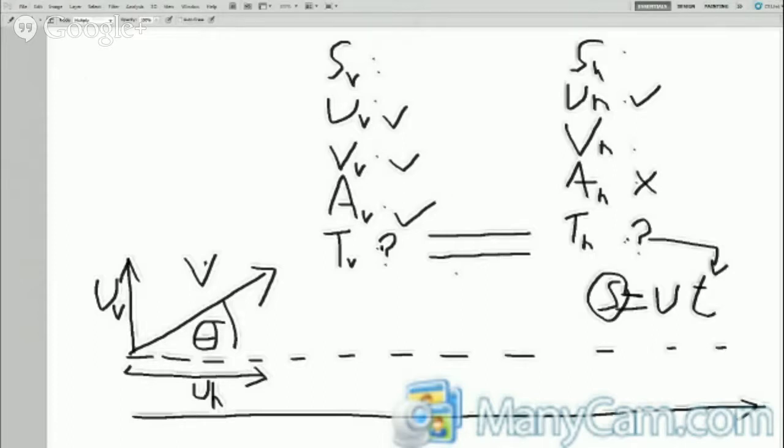So a question we get sometimes is if you've got a table or a cliff and something is knocked off the edge, it's not got any initial vertical velocity. It's going to have an initial horizontal velocity as it comes off here, but its initial vertical velocity is 0.